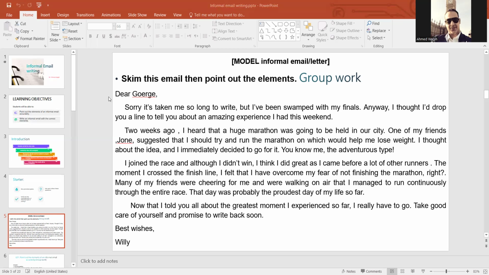If you look at the introductory paragraph here, you'll find that in the introduction of an email, we need two parts. Firstly, we need to start with opening remarks. Opening remarks like this: Sorry it's taken me so long to write, but I've been swamped with my finals.